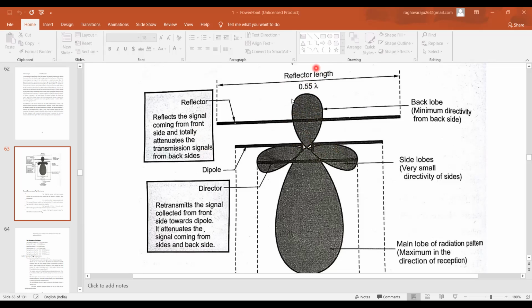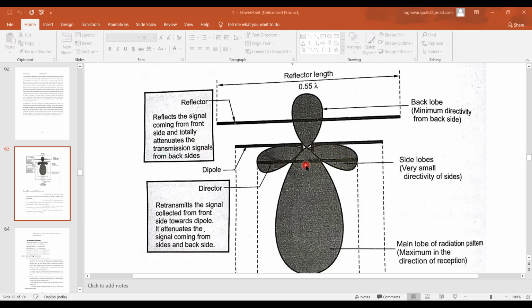So it reflects the signal coming from front side and totally attenuates the transmission signal from back side. So this is the dipole, reflector, and director. These are called side lobes, these two side lobes having very small directivity.